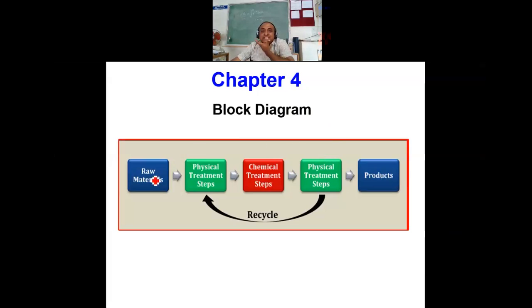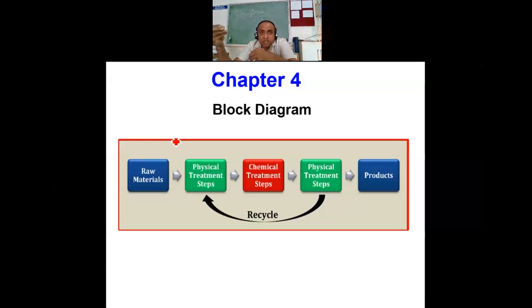As you can see from this picture, an industry is represented in the form of blocks. Can you do that? Yes. Anything can be put in the form of blocks. What is the use of putting blocks? It is just for communication purposes.